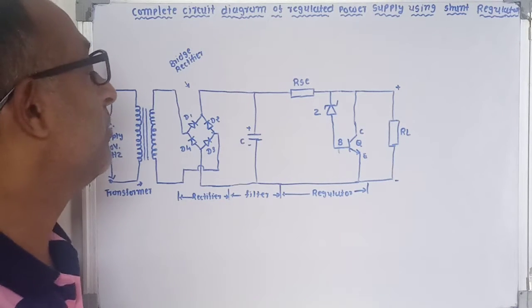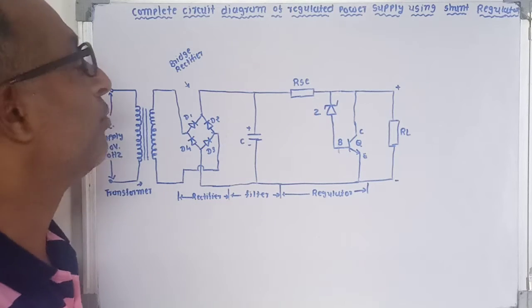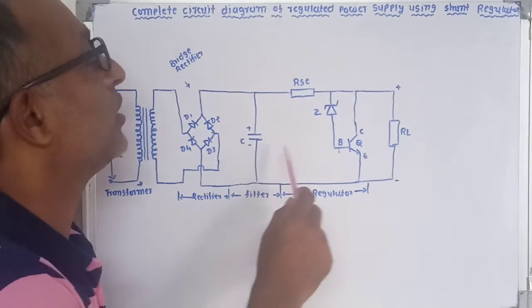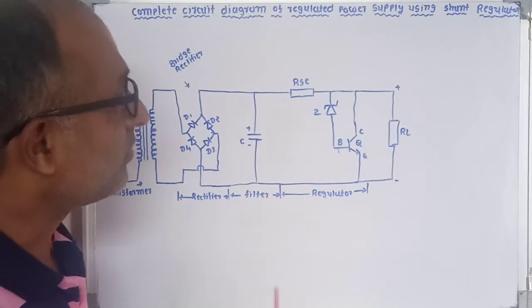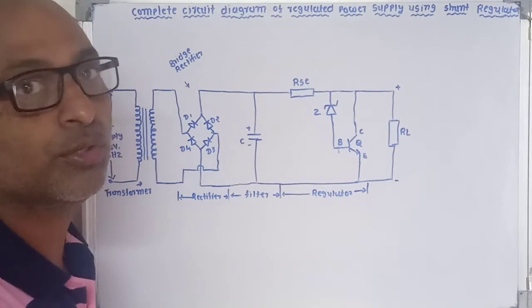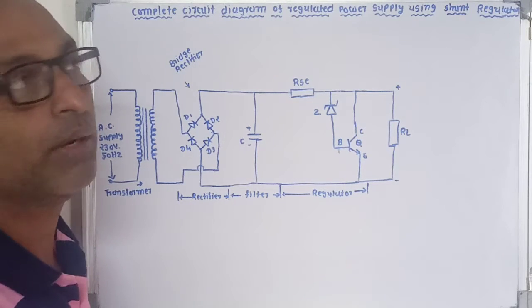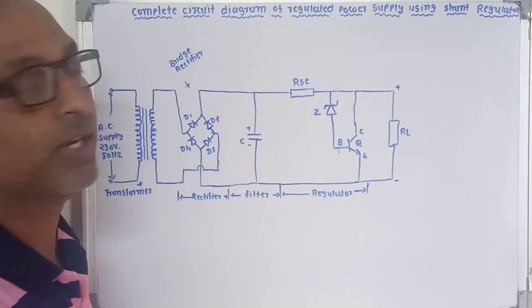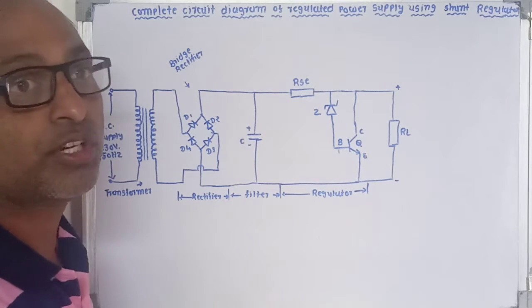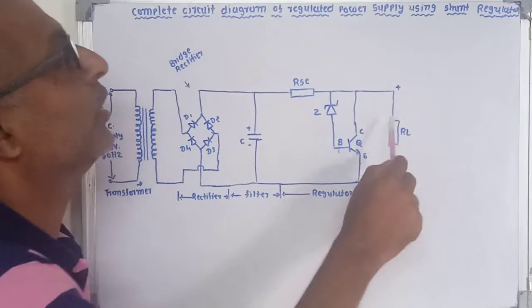That means it removes AC components present in the DC output voltage, and this output is given to the shunt regulator. This shunt regulator is used to compensate the output voltage, that means the variation of output voltage due to the change in input voltage and load currents, and it maintains constant output voltage across the load.